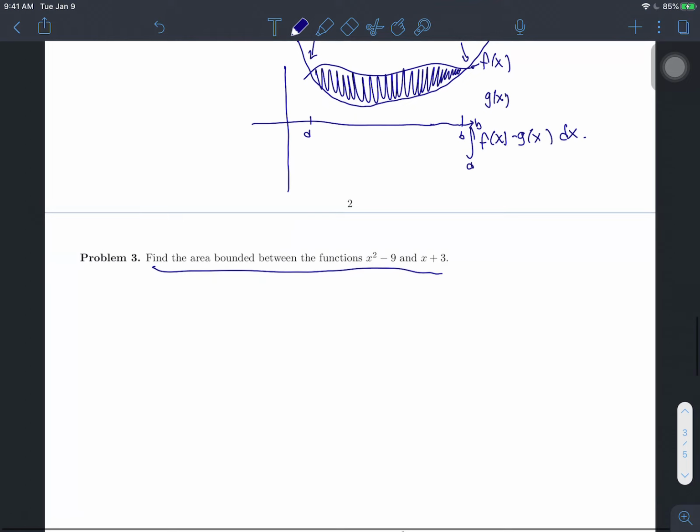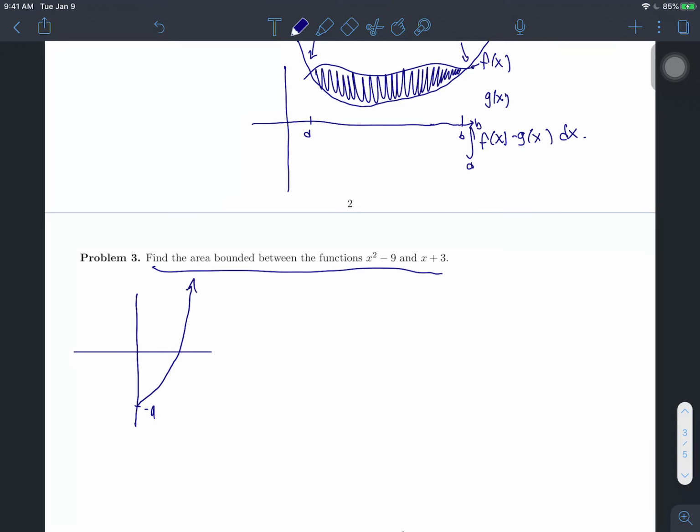Okay, so let's draw these two graphs really quick. We'll give it our best shot anyways. So here's -9. X squared minus 9 looks like a parabola opening like this. What does x plus 3 look like? What shape is that?